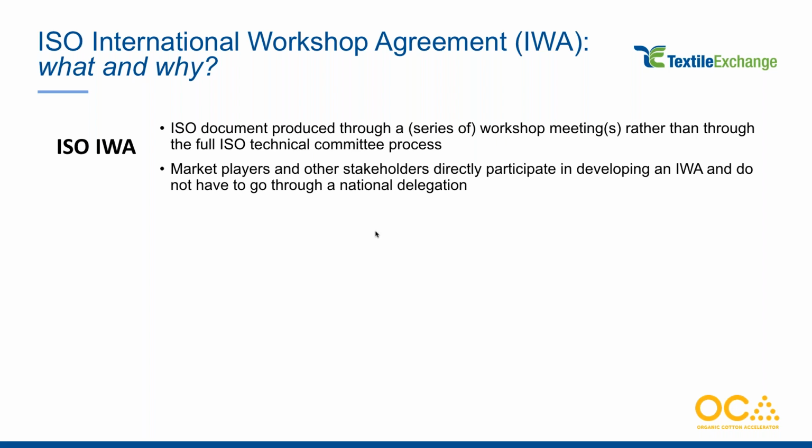And we particularly opted for an international workshop agreement because it's a document that ISO produces through a series of workshops rather than through the technical committee process that others of you might be familiar with, which is going through your national delegations. It takes several years to develop an actual ISO standard, and an international workshop agreement is a way faster way to get to a consensus among market players and other stakeholders to a particular topic that you need an answer to relatively quickly.